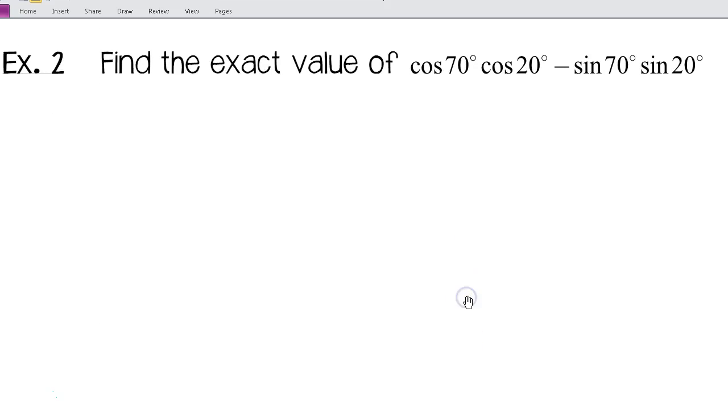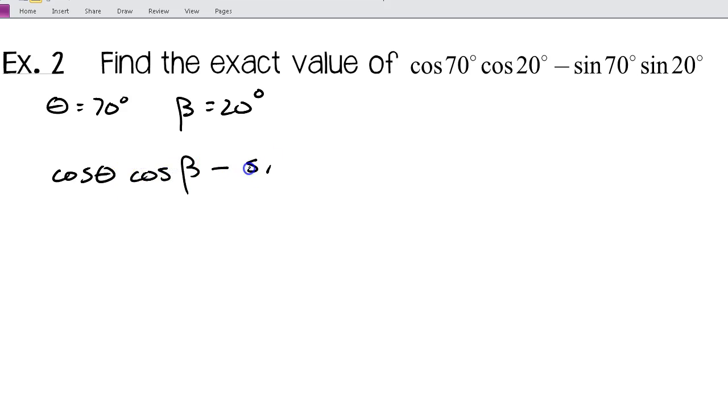We want to find the exact value of cosine 70 cosine 20 minus sine 70 sine 20. I'm going to let theta equal 70 degrees and beta equal 20 degrees, and rewrite this as cosine theta cosine beta minus sine theta sine beta.